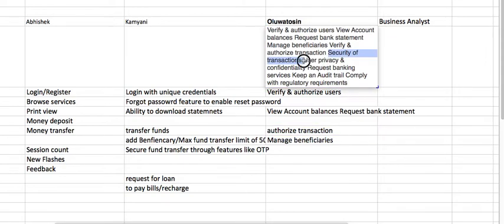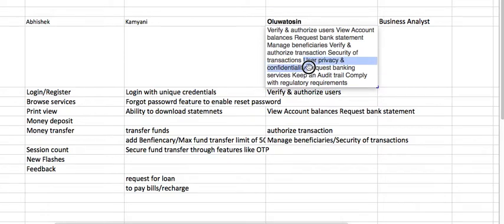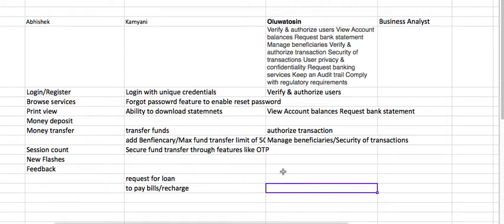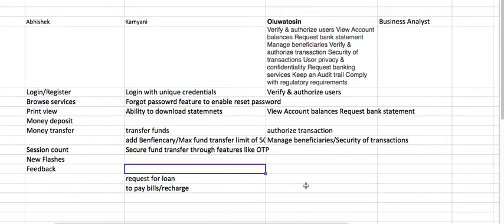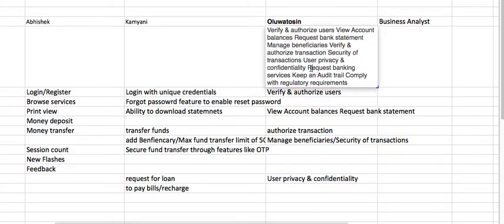Security of transaction, that is again part of your fund transfer requirement. So I'm going to add this. User privacy, confidentiality, that's your special requirement. Let's check if that is part. Request for banking services to keep audit trail.